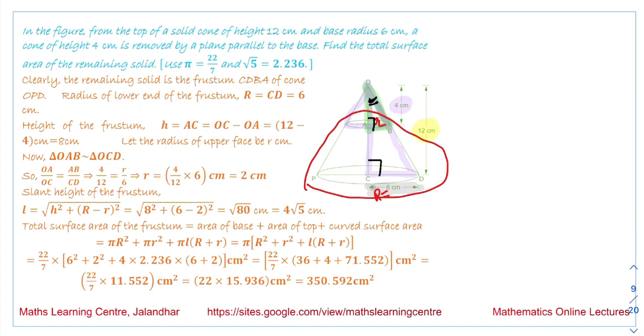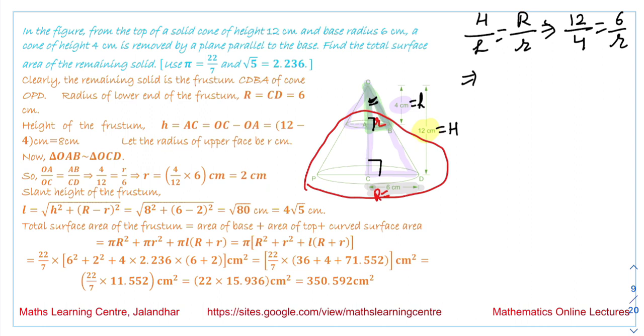So what we get is, if this value is capital H and this value is small h, then capital H over small h is equal to capital R over small r. So capital H over small h is 12 over 4, equal to 6 over small r.